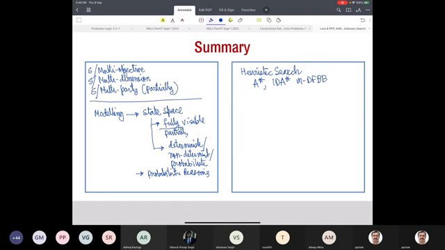Then we also looked at any other names that you can recall? Anything else you can recall? Alpha beta pruning. Alpha beta pruning for multi-party.